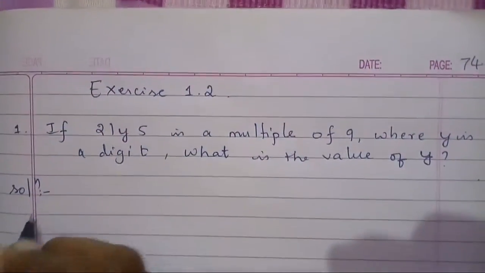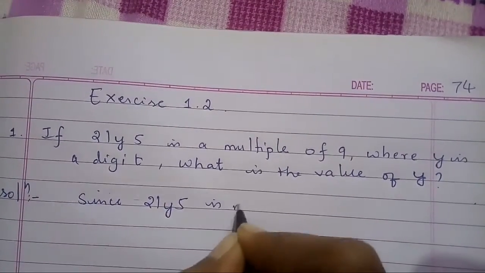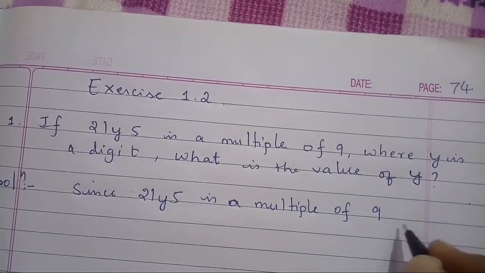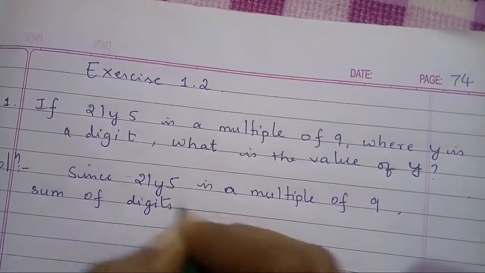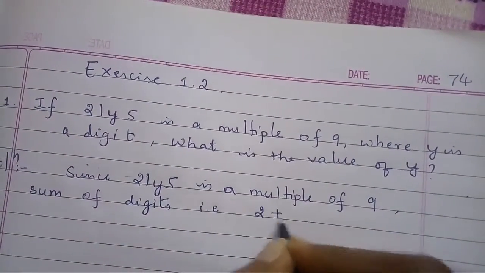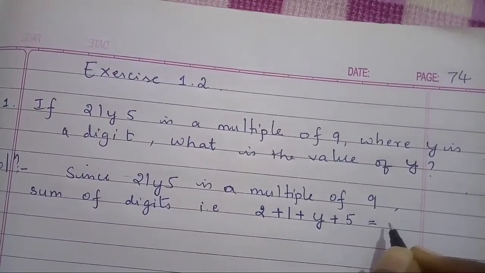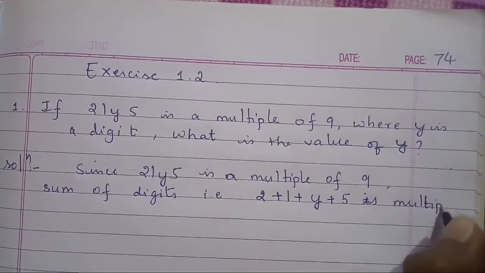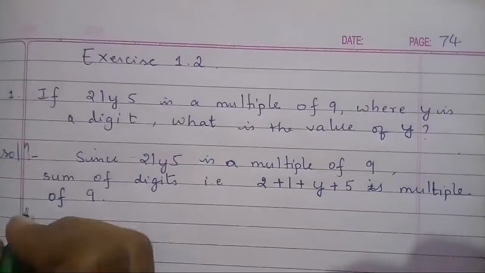Since 21y5 is a multiple of 9, the sum of the digits, that is, we have to write it in a sum form, that is 2 plus 1 plus y plus 5 is a multiple of 9.